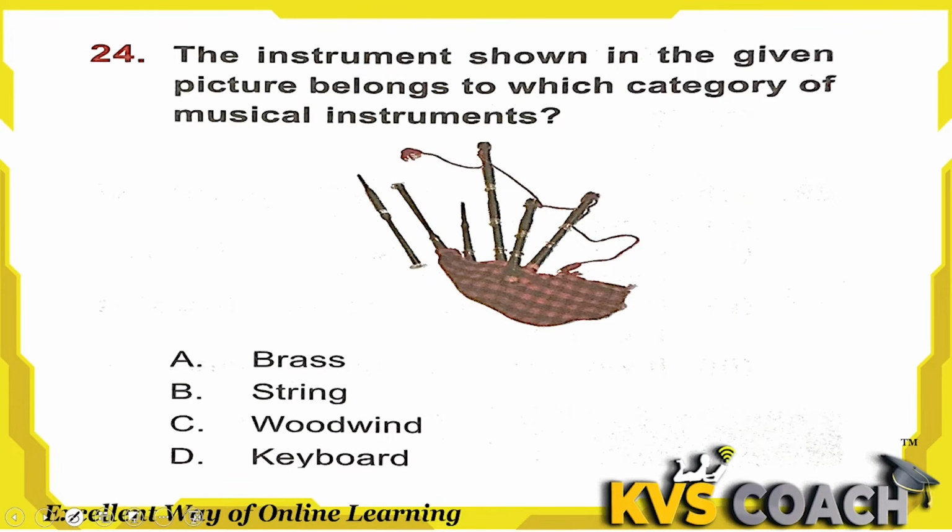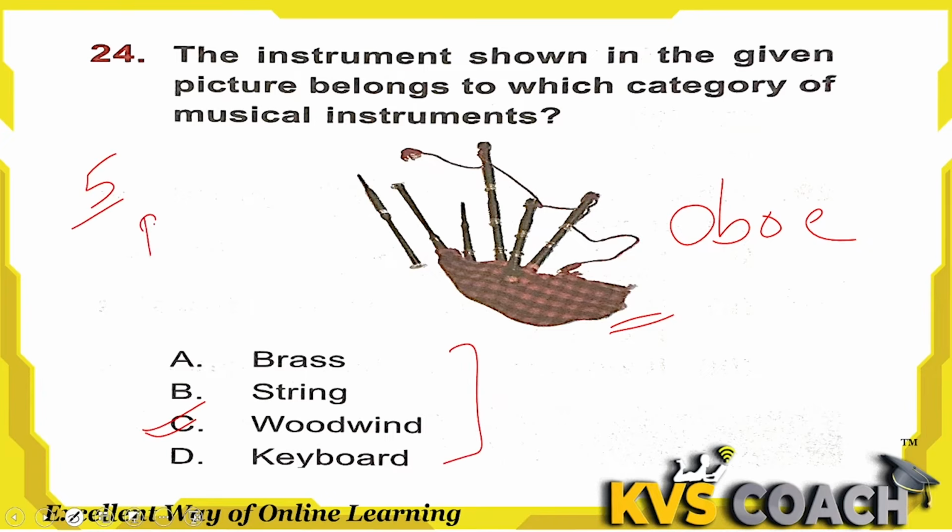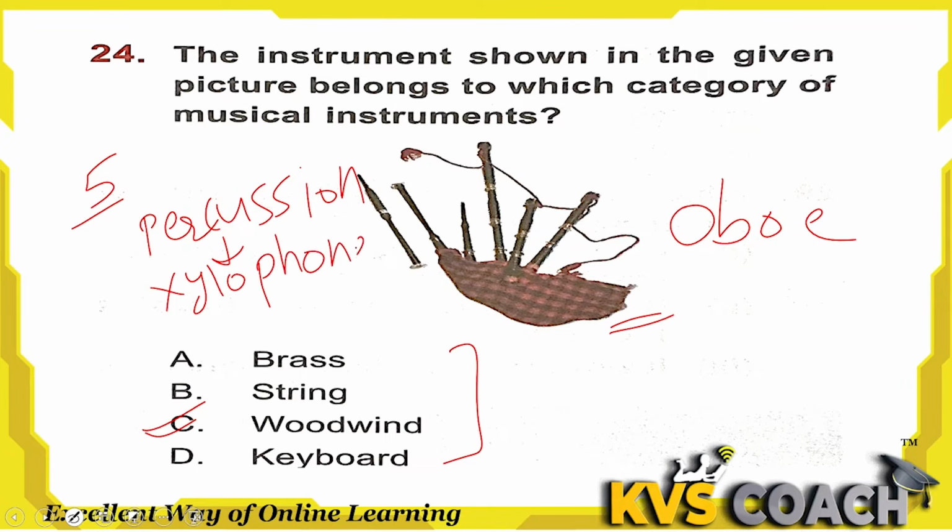Next question is, the instrument shown in the given picture belongs to which category of musical instrument? The instrument shown in the picture is known as an oboe, and its category is woodwind. Actually, instruments belong to 5 categories. Four are given here and the 5th one is percussion. An example of percussion is xylophone type instruments, hitting a rod on a metal surface or pipes.